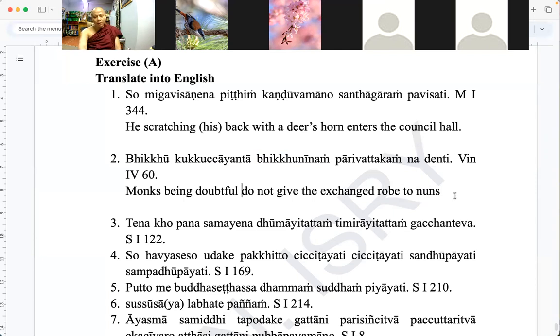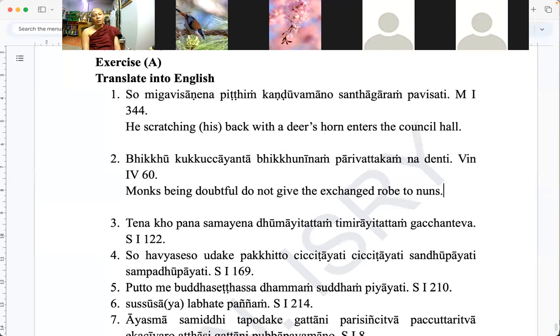So maybe at the very beginning they had an agreement to exchange their rope with each other, but later those monks have doubt about that. Maybe doing that is a kind of offense, so they have doubt in this way.